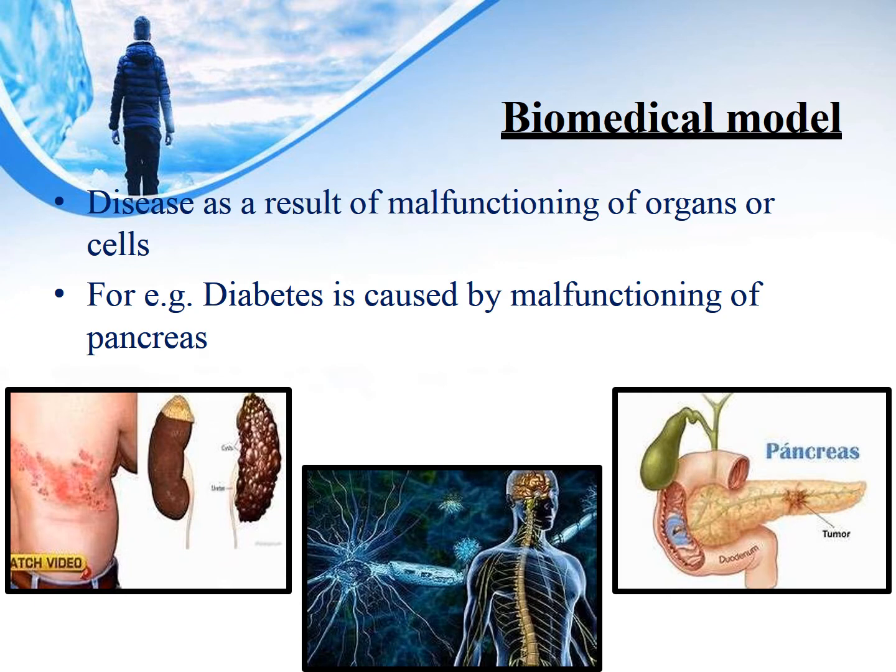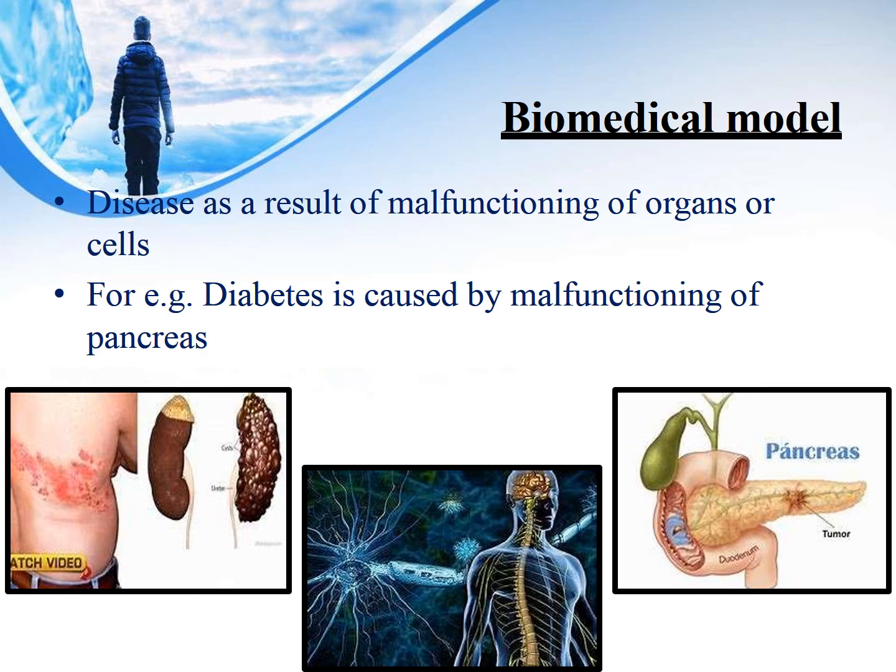Now about the biomedical model of disease causation. The biomedical model of medicine has been around since the mid 19th century as the predominant model used by physicians in diagnosing diseases. The biomedical model of health focuses on purely biological factors and excludes psychological, environmental, and social influences.